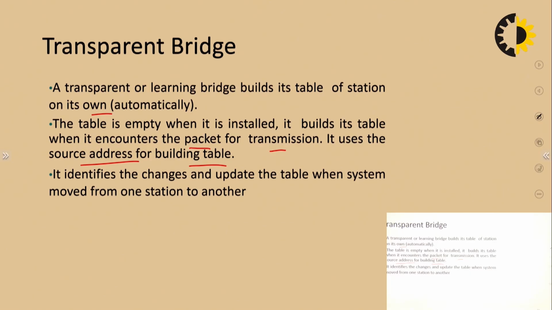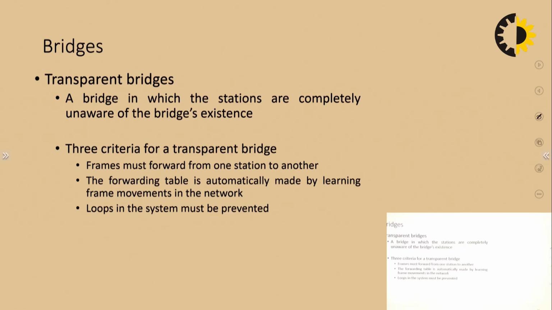So the bridge is able to identify how many stations are connected with it. It identifies the changes and updates the table when a system moves from one station to another. These transparent bridges are used where the stations are completely unaware of the bridge's existence, so it is named a transparent bridge.